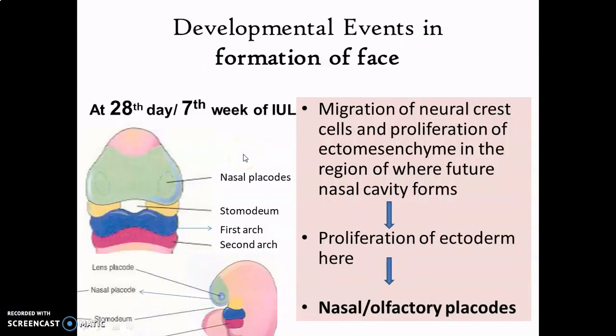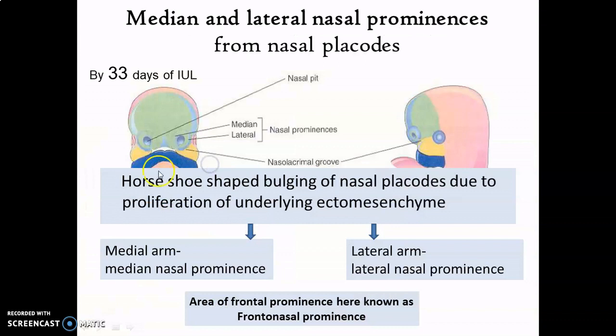On the 28th day or 7th week of gestation, there is migration of neural crest cells into the frontal prominence in the region where the future nasal cavity will form, which causes proliferation of ectoderm in this region, as you can see in this image, creating a bulge known as nasal placodes on either side. These nasal placodes or olfactory placodes further undergo proliferation to form a horseshoe-shaped bulge on either side.